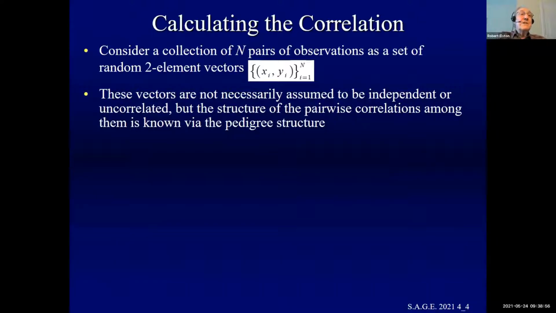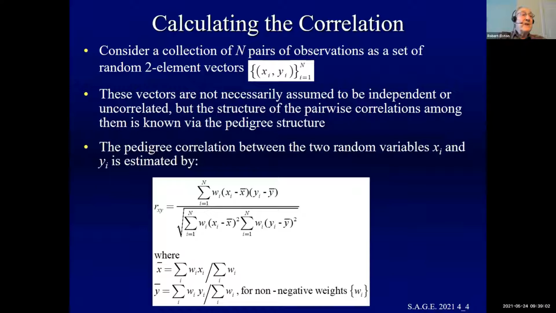But the structure of the pairwise correlations among them is known via the pedigree structure. So the pedigree correlation between 2 random variables is estimated as a weighted correlation. If you made the weights equal to 1, that would be just simply the ordinary Pearson correlation.